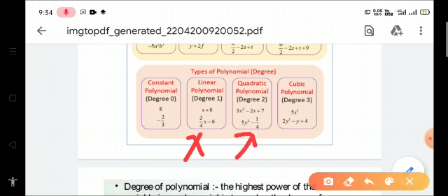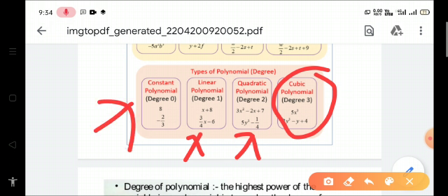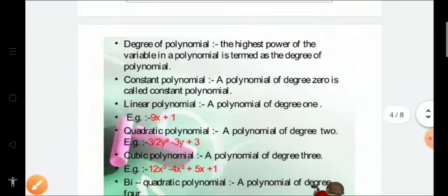Quadratic polynomial always has degree 2. See here x to the power 2. In the second example, y to the power 2. Cubic polynomial, see that x to the power 3 and y to the power 3. And most important, every constant polynomial has degree 0. Any constant term has degree 0. So this is called the degree of the polynomial.